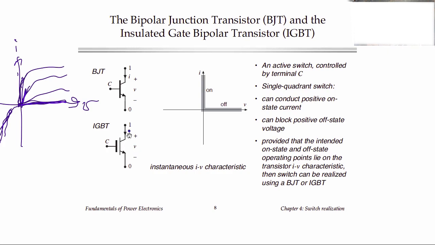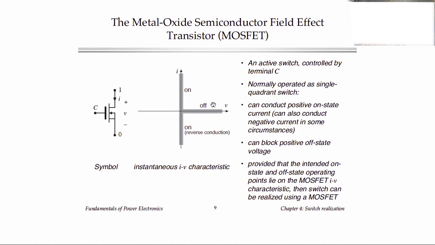So they are not capable of blocking significant reverse voltage. And basically then we can approximate the instantaneous IV characteristic of this like this. As the off state is on the positive horizontal axis, and the on state is nearly on the positive vertical axis. And so we actually have a single quadrant switch that operates in the first quadrant.